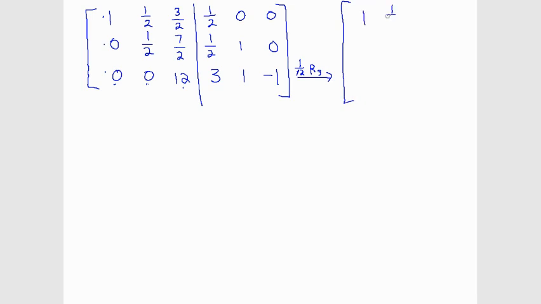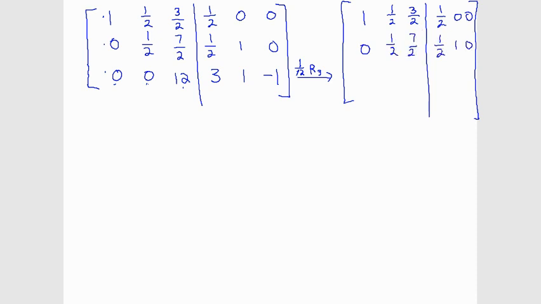So 1, 1/2, 3 halves, 1/2, 0, 0, 0, 1/2, 7 halves, 1/2, 1, 0. And then because these are 0, we multiply by a scalar. We still get 0 in those places, and we get 1 there. So 3 over 12, that would be 1/4. 1 over 12 is just 1/12, and then we have a -1 over 12.